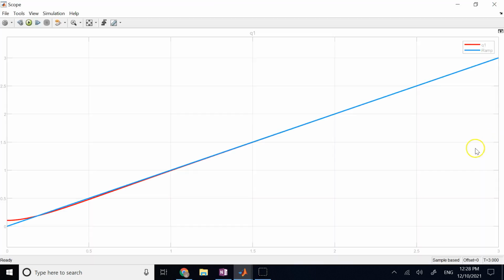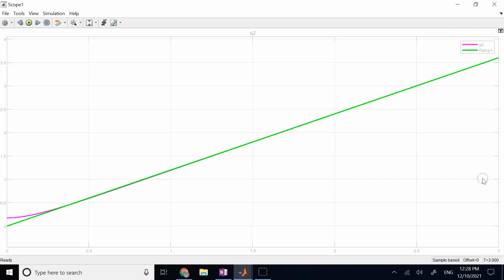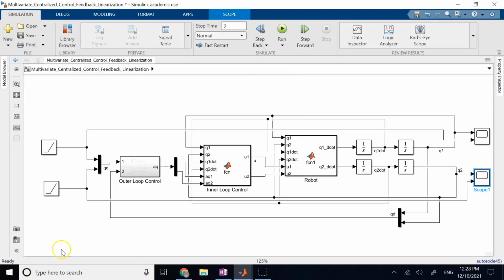The response time is relatively fast, and you see here the red is the actual and this one is the desired, and very fast it can catch up with it in about 1 second or so, and now they are moving together. And the same thing for Q2, as you can see it can well track the time varying output. Okay, so this method is really capable of tracking more than a simple constant number.